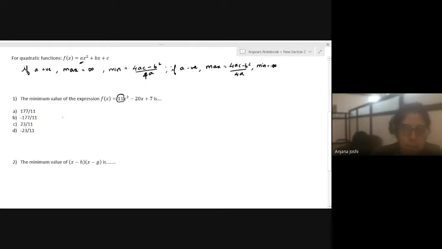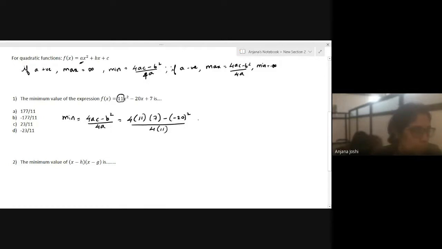So I can find the minimum value by using the formula 4ac minus b square divided by 4a. Now just replace the values of these coefficients: a is 11, c is 7, and b is minus 20. So minus 20 the whole square, divided by 4 times a, where a is 11.